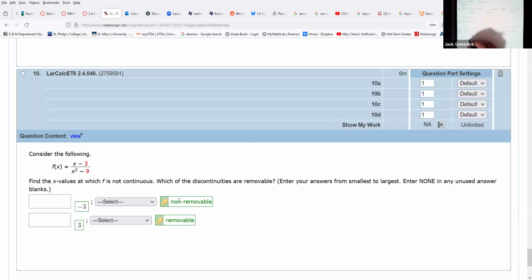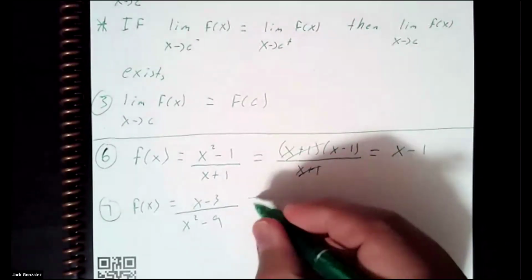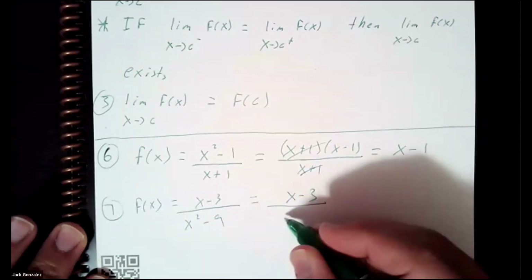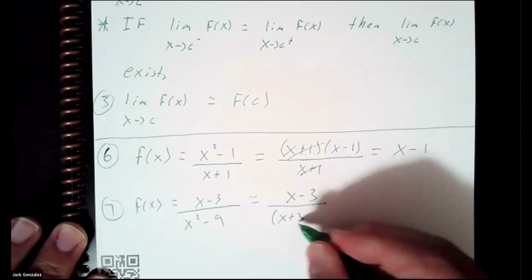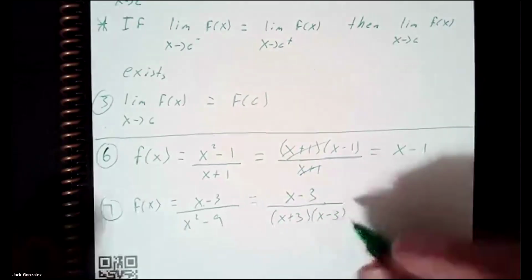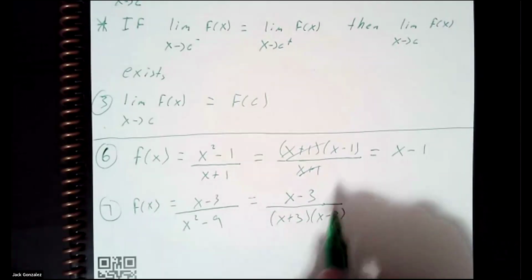Let me write it out real quick so you can see what I'm saying in case your algebra is rusty. Let's see how you have 2 points of discontinuity because you'll have division by 0.